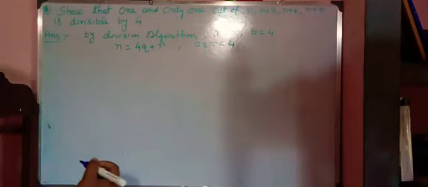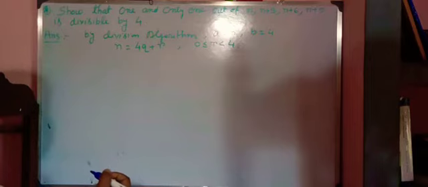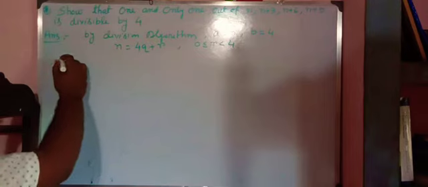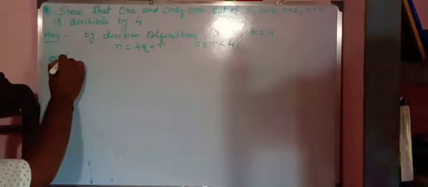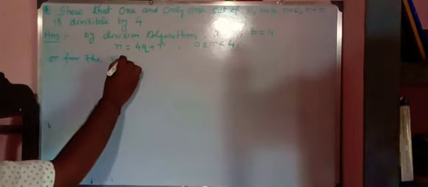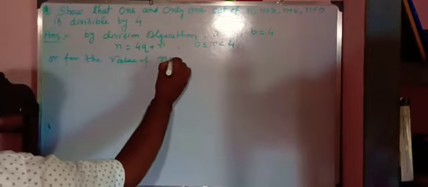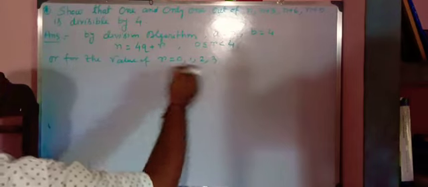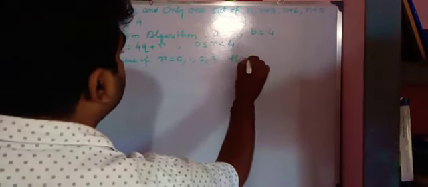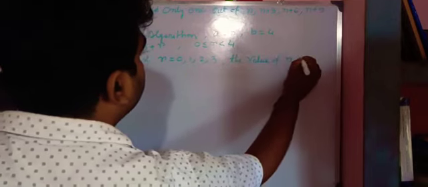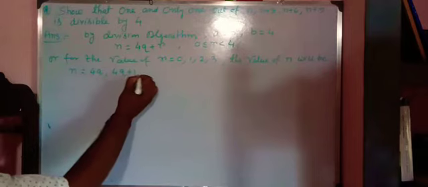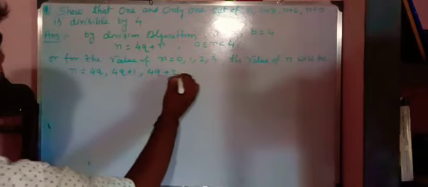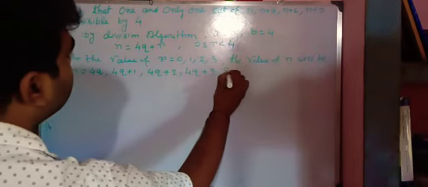Now for r equal to 0, 1, 2, 3, we get the value of n as 4q, 4q plus 1, 4q plus 2, 4q plus 3 respectively.